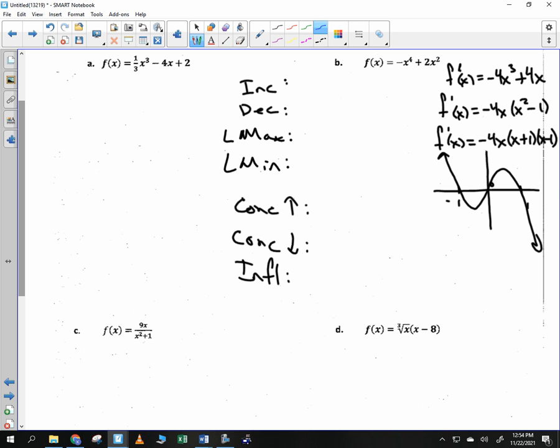Intervals of increasing. That'll be wherever the first derivative is positive. Yep, negative infinity to negative 1 right there. And then, as you said, we have 0 to 1.